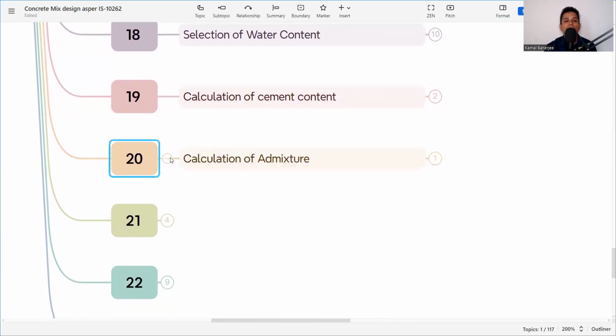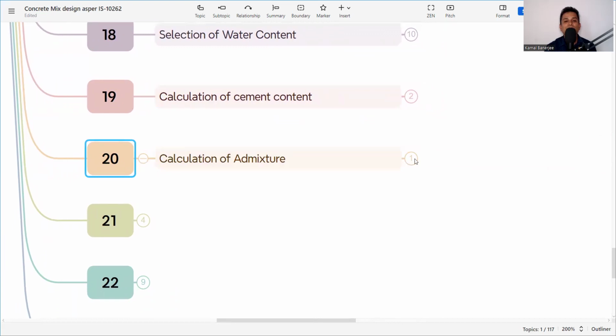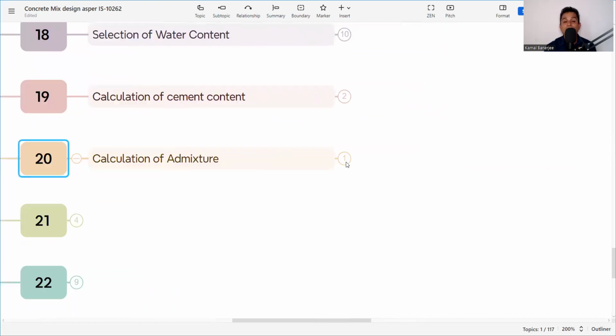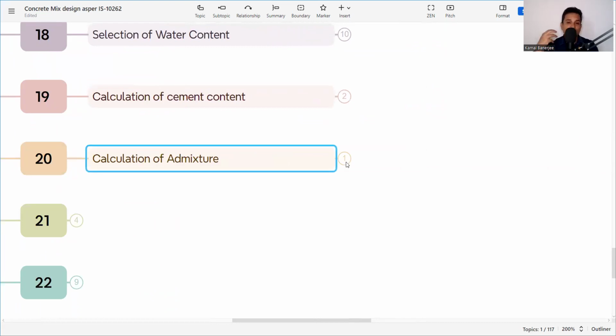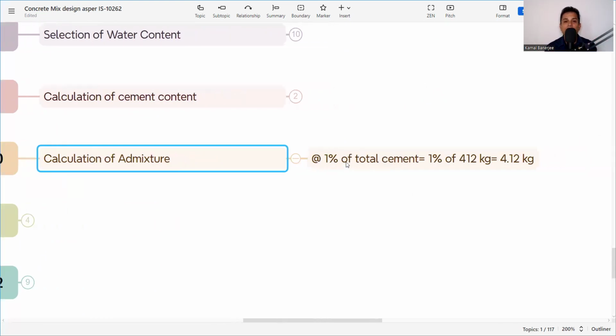Now we need to check the calculation of admixture. Why calculation of admixture? That is also important because we need to know the total quantity of admixture, because the admixture will also remain in your concrete, so its volume and weight you also need to calculate. We had selected the admixture dose as 1% of total cement.